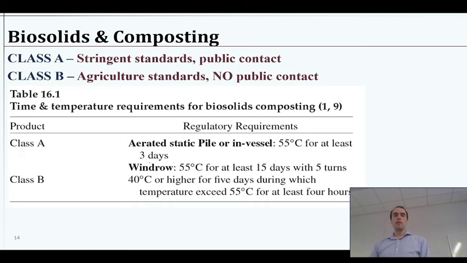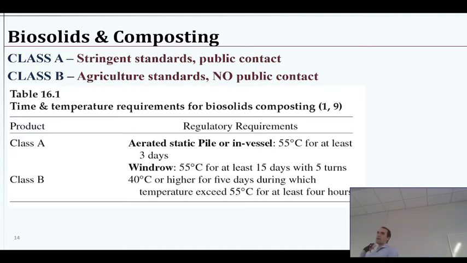Okay, so there's another method where you have, I think it's just like a vat of it, and you have to turn it a few times. That's your oxygen addition, and that says you have to have 55 Celsius for at least 15 days with 5 turnovers. The class B then is 40 degrees Celsius or higher for 5 days, during which temperature exceeded 55 degrees for at least 4 hours.